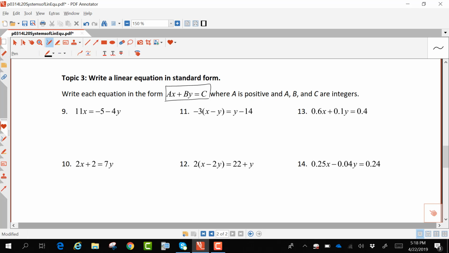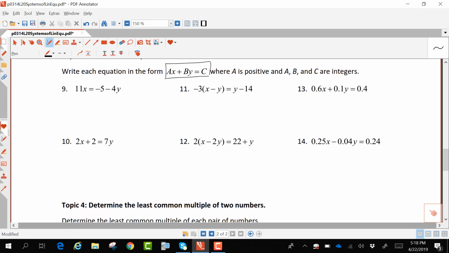So if we come in here and look at number 14, every one of these coefficients of these variables are decimals. In fact, a would be the 0.25, b would be the negative 0.04, and c would be the 0.24.